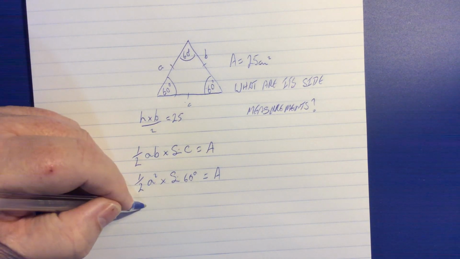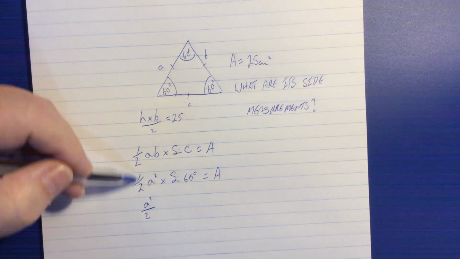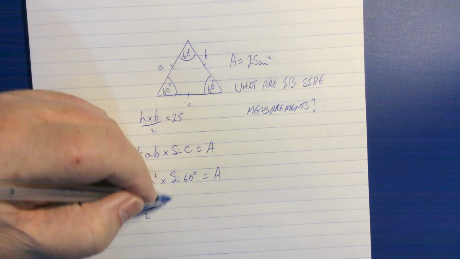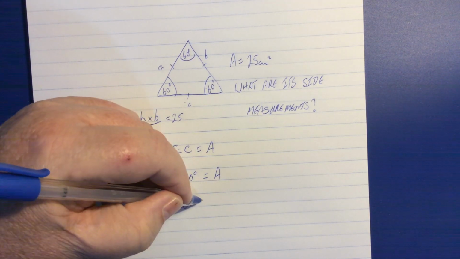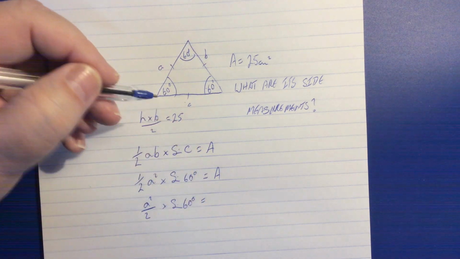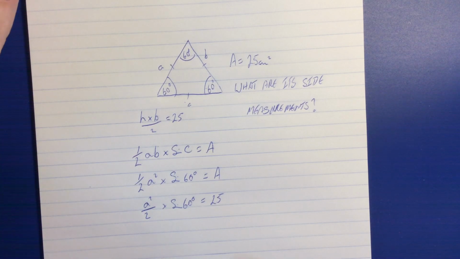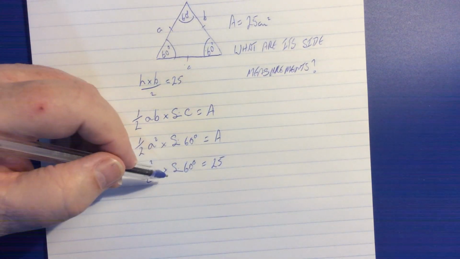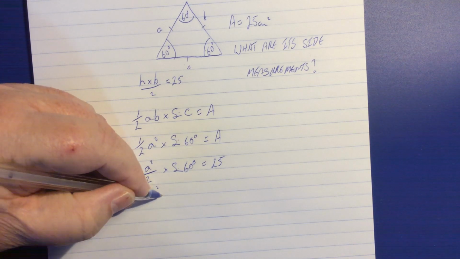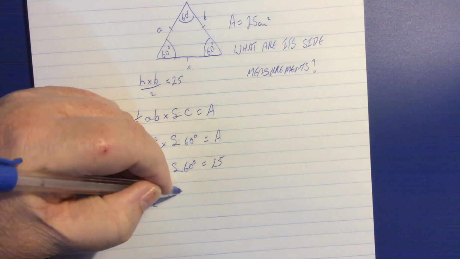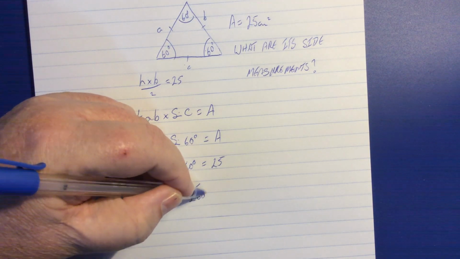So we have A squared over 2, that's a half A squared, times the sine of 60 degrees equals 25. So you can see where I'm heading with this. So A squared over 2 is equal to 25 over the sine of 60 degrees.